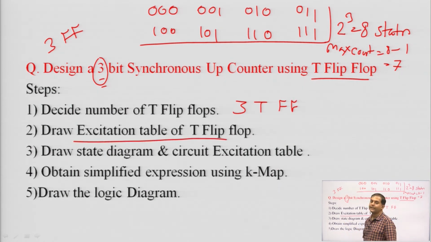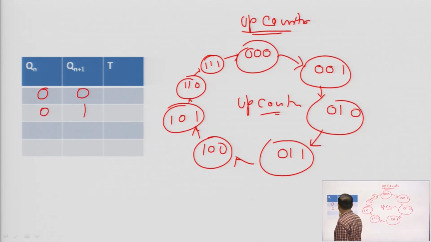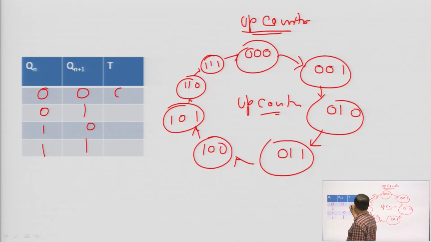Now, we have to draw the excitation table of the T flip flop. So, the excitation table of T flip flop has transitions 00, 01, 10 and 11. If you have any doubt regarding the T excitation table, please refer to the lecture video on T flip flop. So, we will have T as 0 1 1 0.